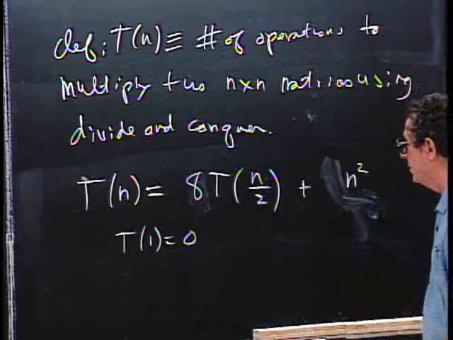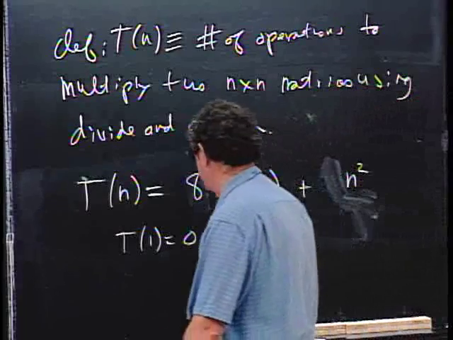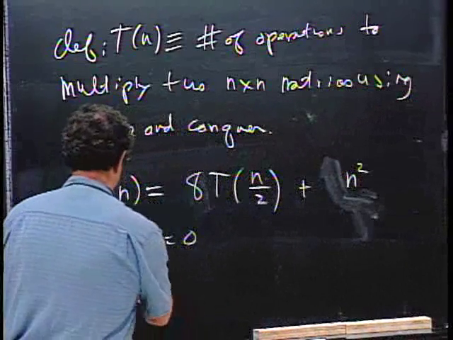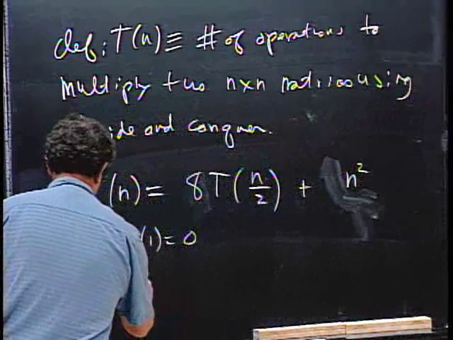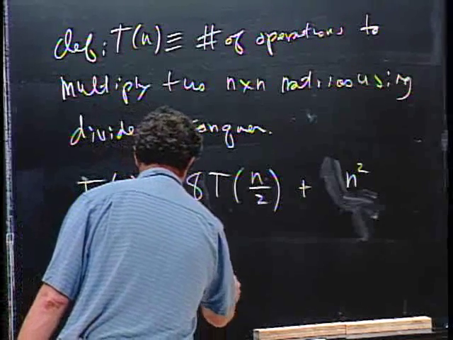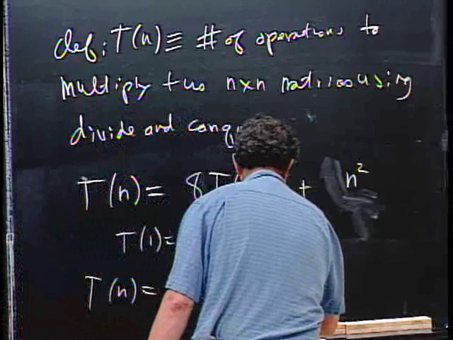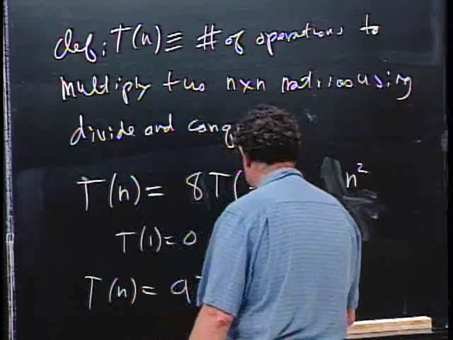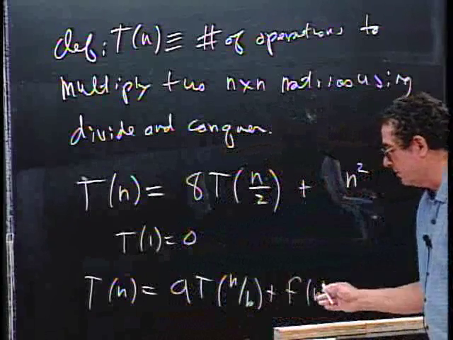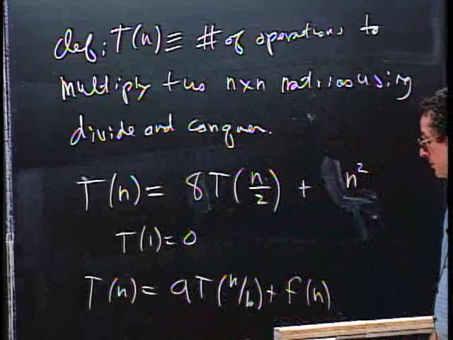It's just a more formal version of that. And remember in the master method, let me just write out the general form: T of n is equal to a T of n over b plus some function of n. So this is the general version of the divide and conquer recursion that's treated in the master method.